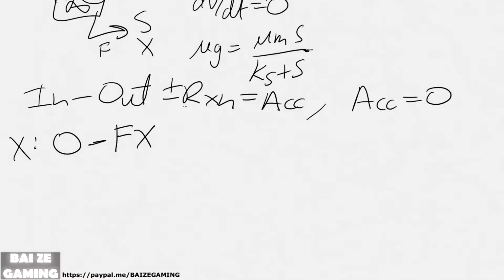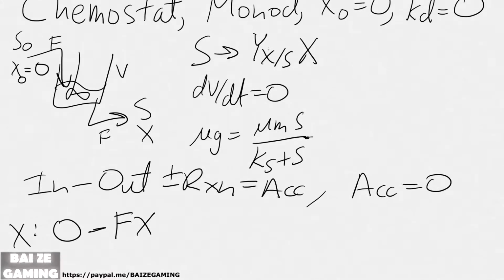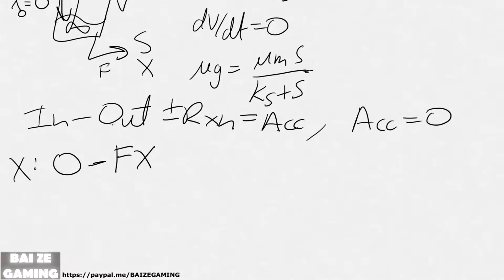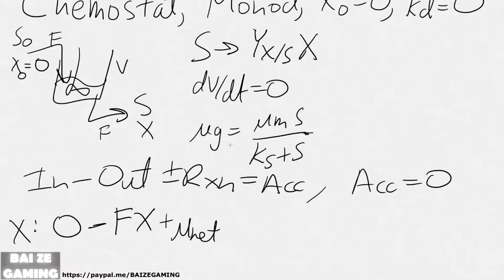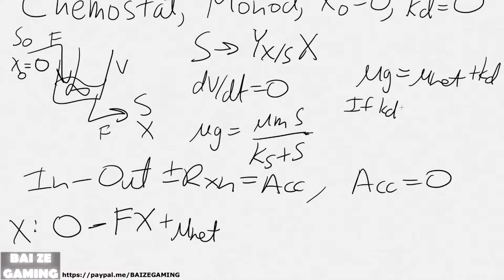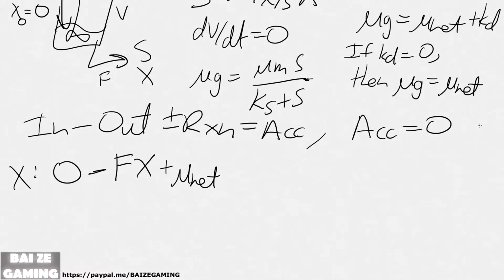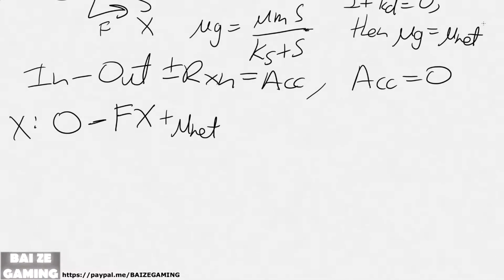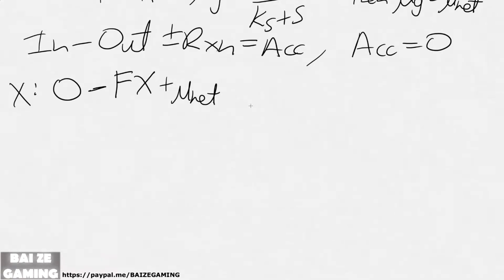And then for the reaction, remember this reaction? We know that we're going to be gaining X, so we say mu net. And here we have to recognize that this gross specific rate equals net plus KD. If there is no cell maintenance, then the gross specific rate is just the net specific rate, and then you can use mu net synonymously with this.